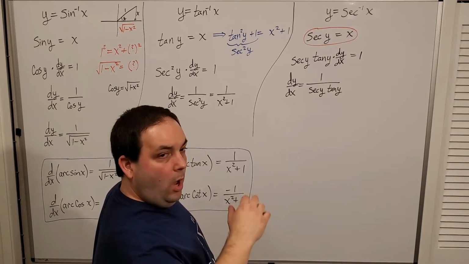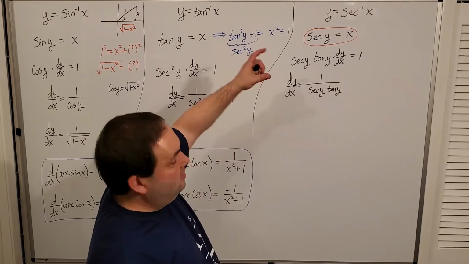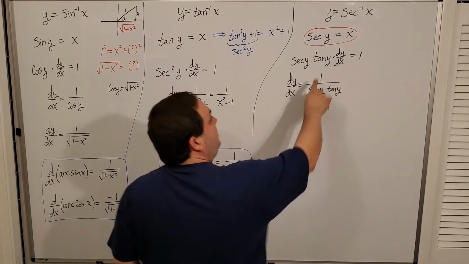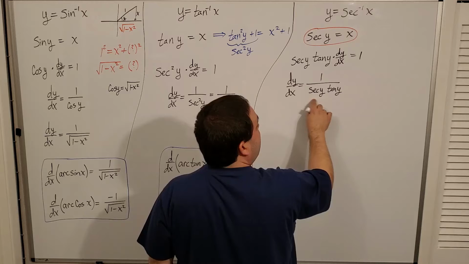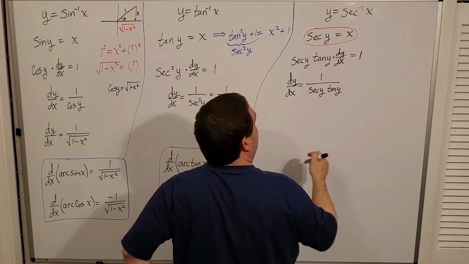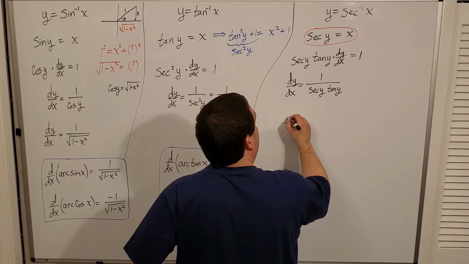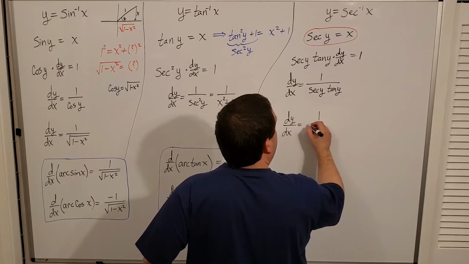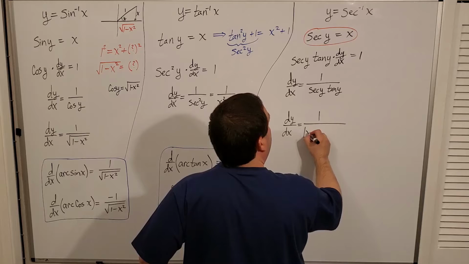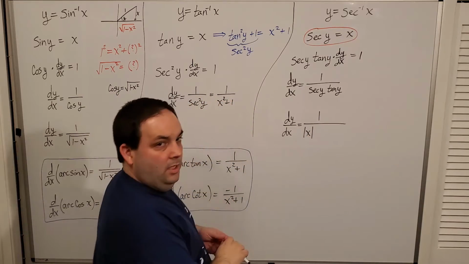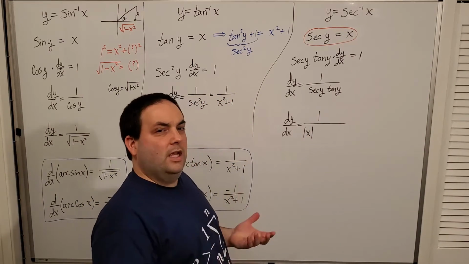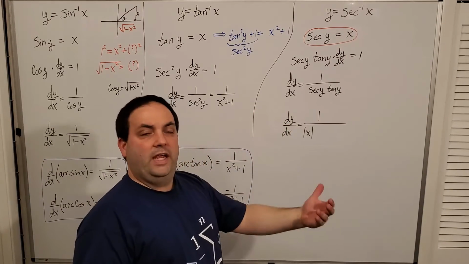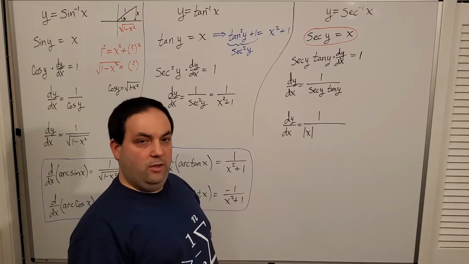And because of the quadrants that we define some of the arc functions with, what I'm actually going to get is, instead of just secant y equaling just the x here, for just this first piece, I'm going to get the absolute value of x, okay? Same way a lot of times that we get the square root of x squared is absolute value of x, right?